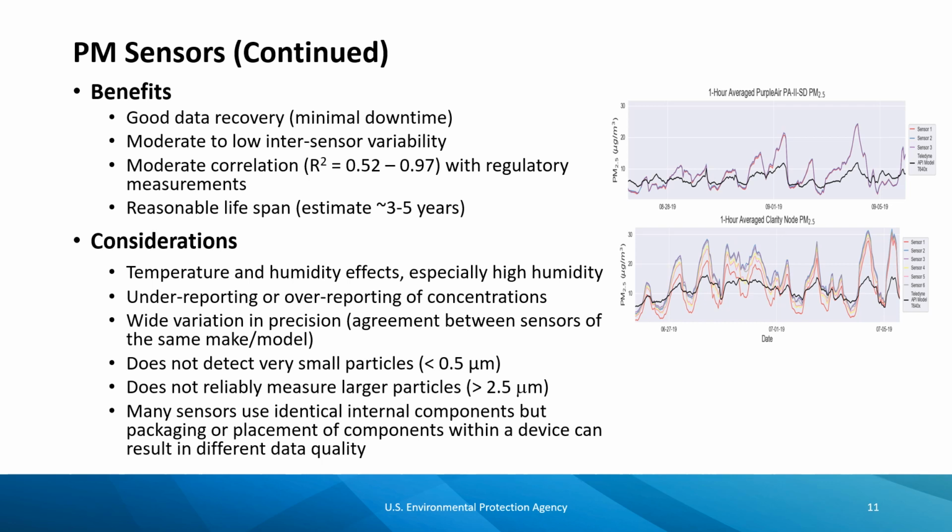Also, PM sensors do not detect very small particles, anything less than 0.5 microns, or reliably measure larger particles with sizes over 2.5 microns. Lastly, while many sensors have identical internal components, the packaging and placement of the components can result in different data quality.